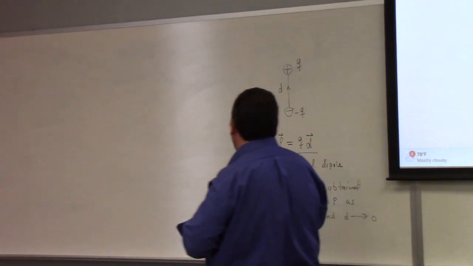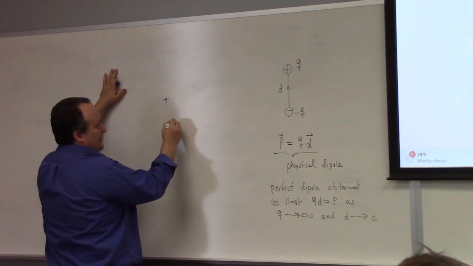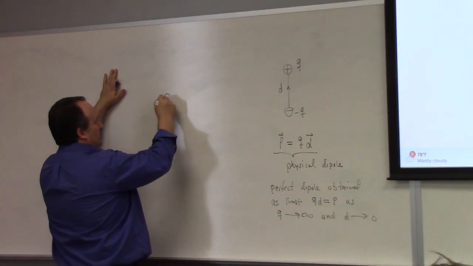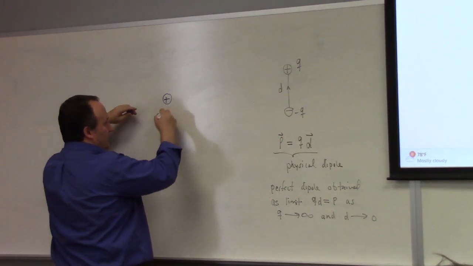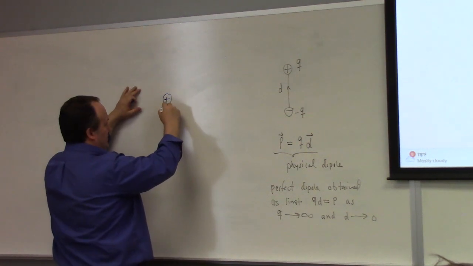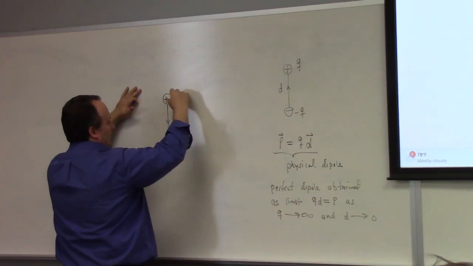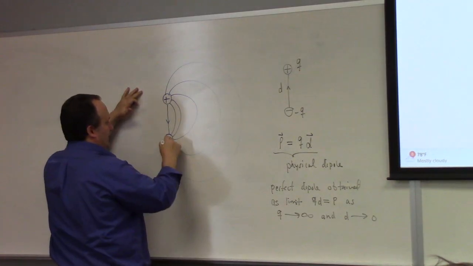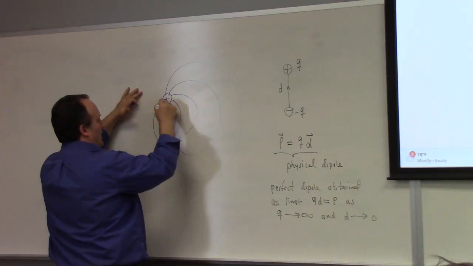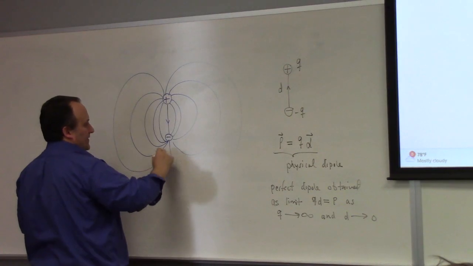If we look at dipole fields, the electric field in this situation looks like this, and one of these, and one of these, and so on, and then the same on the other side.